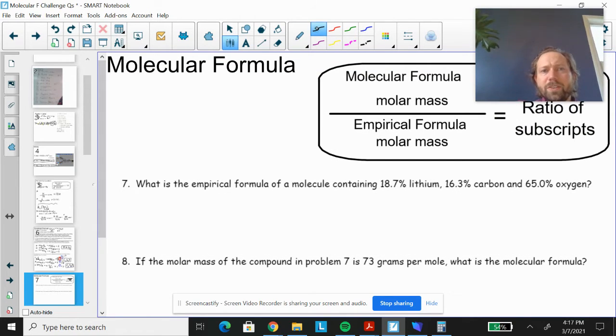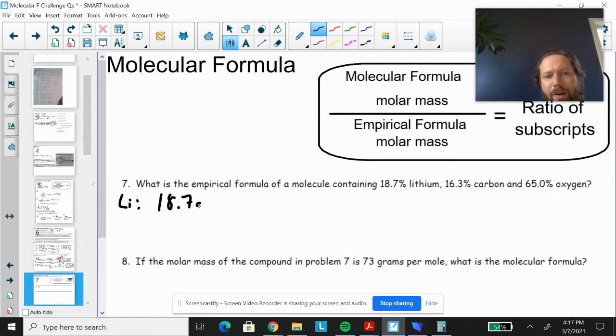The first thing is you want to go for the empirical formula. You're going to write down lithium, Li, and that's 18.7%, so I'm going to immediately convert that into grams. For carbon, it's 16.3%, so 16.3 grams. And for oxygen, 65%, so it's 65.0 grams.